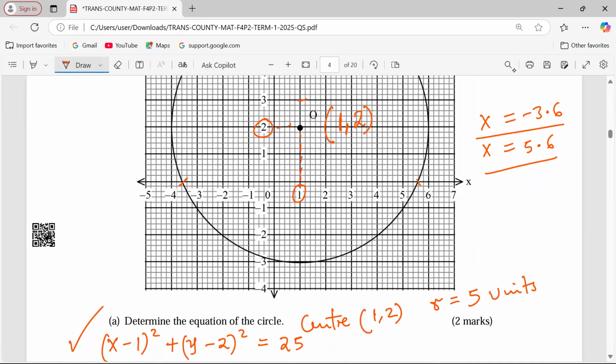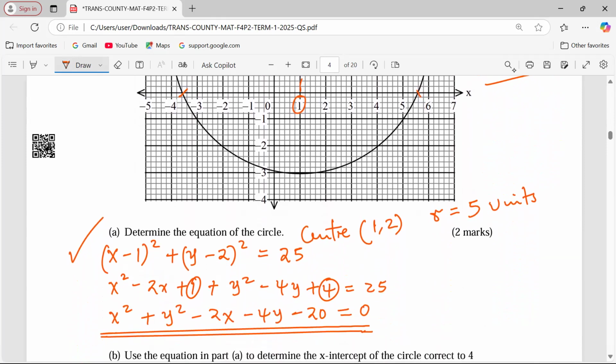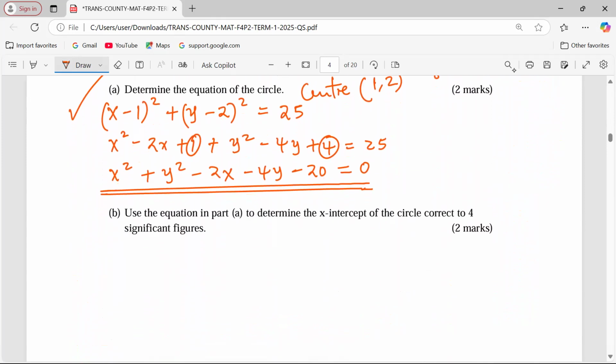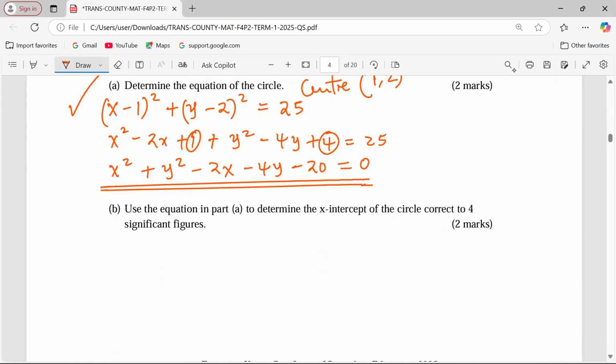So instead of reading those points where the circle is cutting the x-axis, we use the circle equation. That means at the x-intercept, the values of y are usually 0. So we write x squared plus 0 squared minus 2x minus 0 minus 20 equals 0.